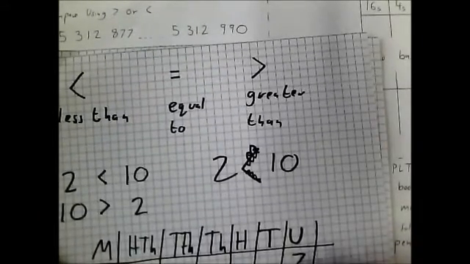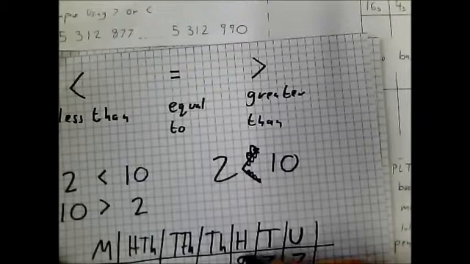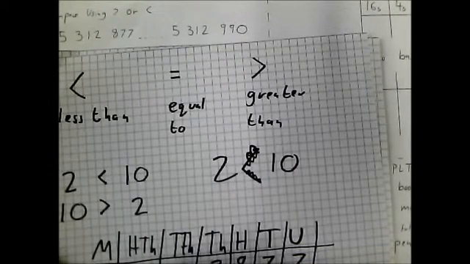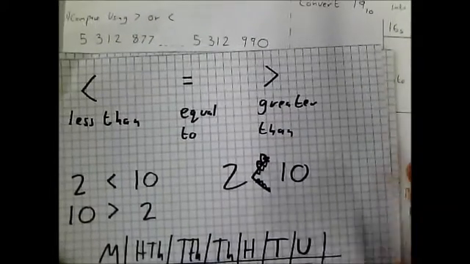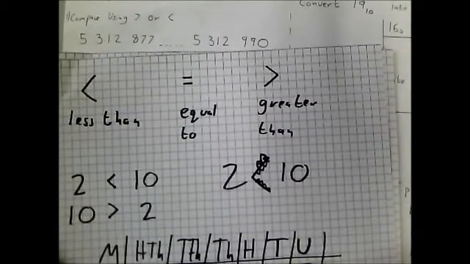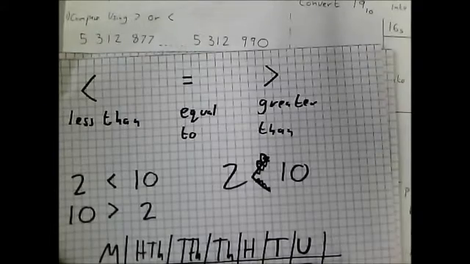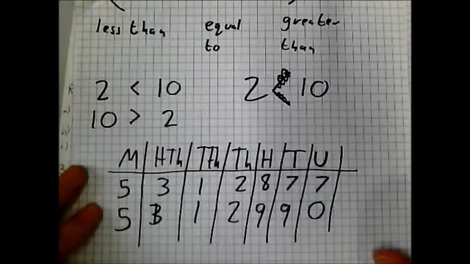So I've got 7 units, 7 tens, 8 hundreds, 2 thousands, 1 10,000s, 3 100,000s and 5 millions for the first question. And in the other one we've got no units, 9 tens, 9 hundreds, 2 thousands, 1 10,000s, 3 100,000s and 5 millions. Okay, whoops, sorry, didn't see some of that.